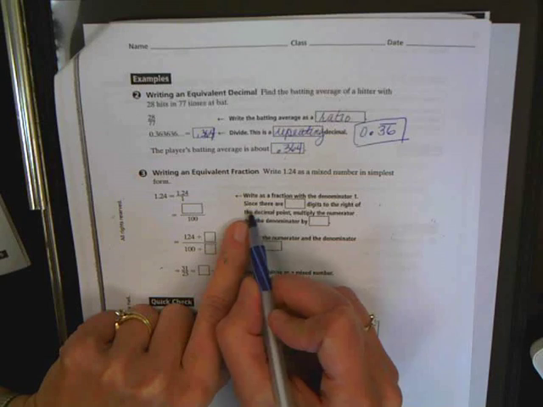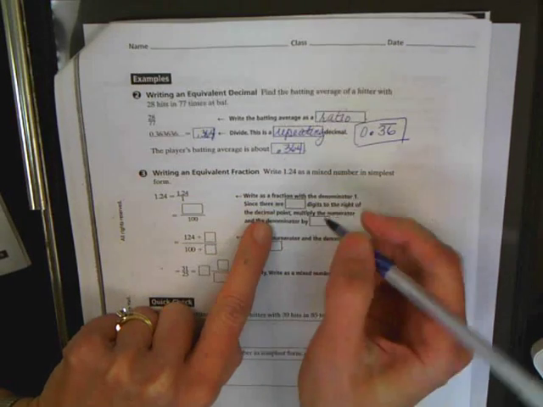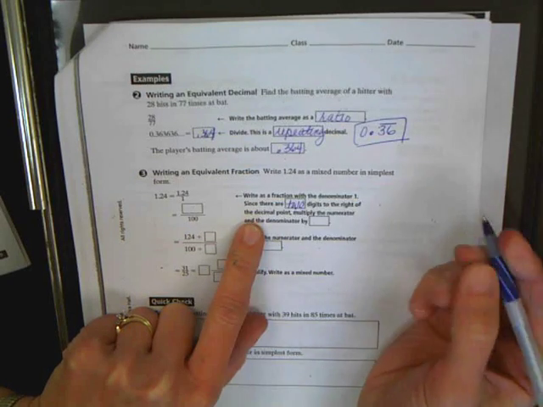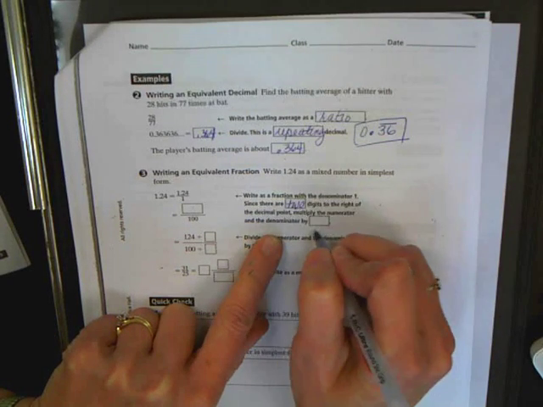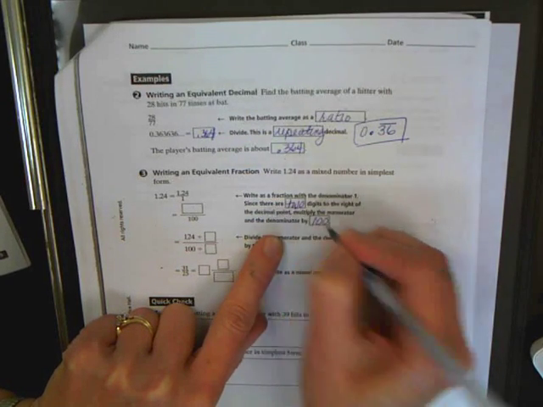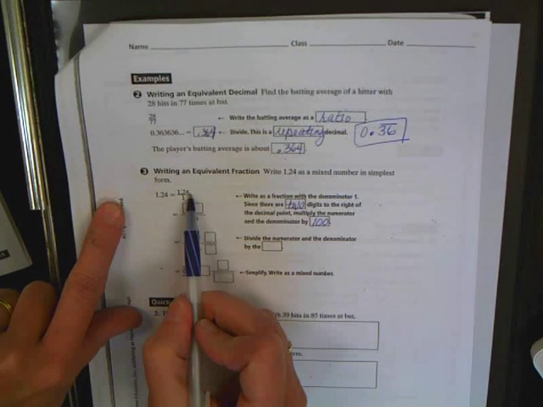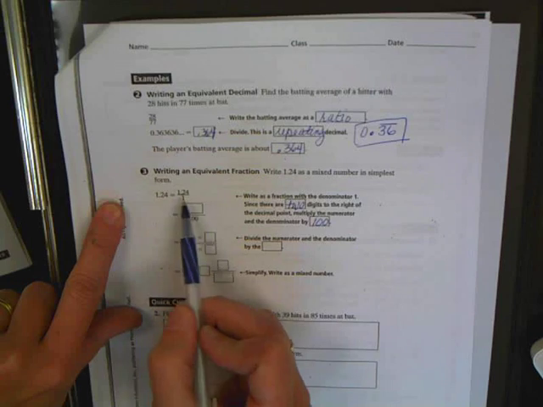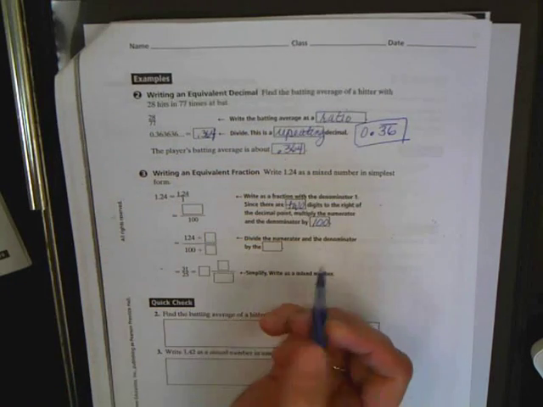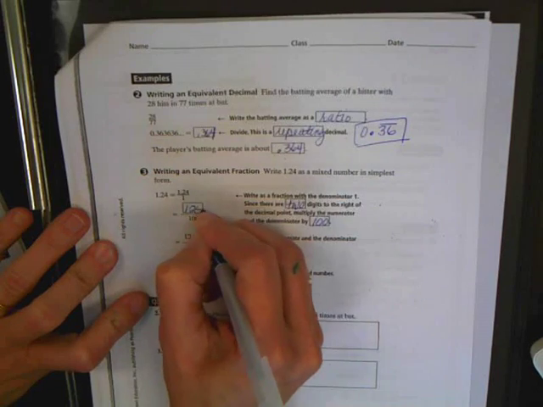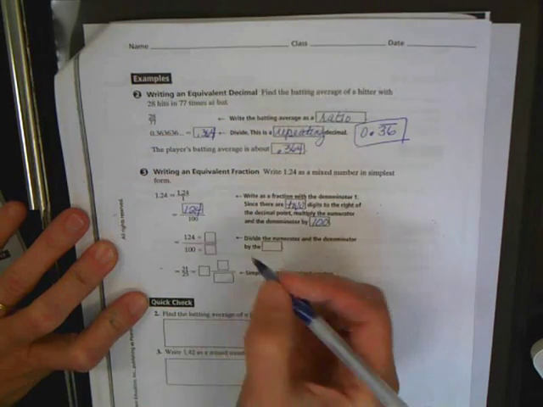Write as a fraction with a denominator of 1. Since there are 2 digits to the right of the decimal point, multiply the numerator and the denominator by 100. Okay. Basically, we're moving decimal points to make this into a whole number, and we have to treat both numbers the same. Okay, so that's going to give me 124 over 100.